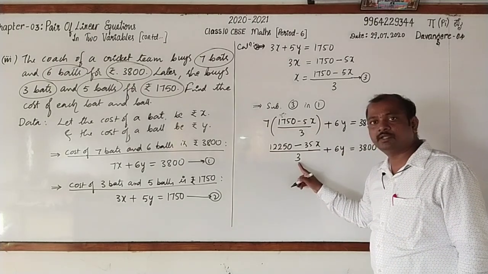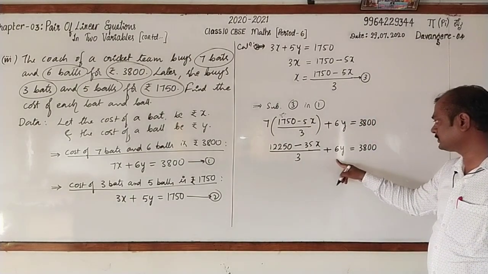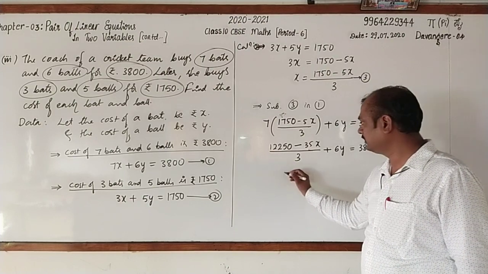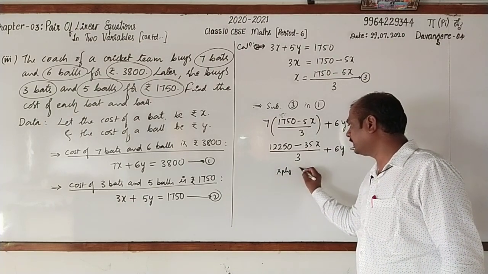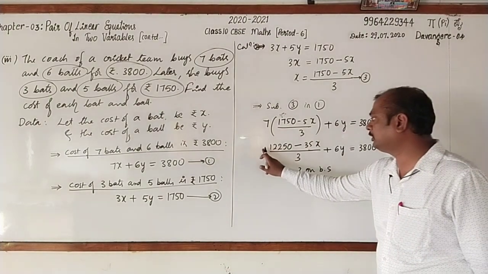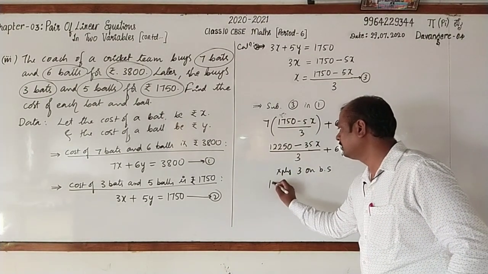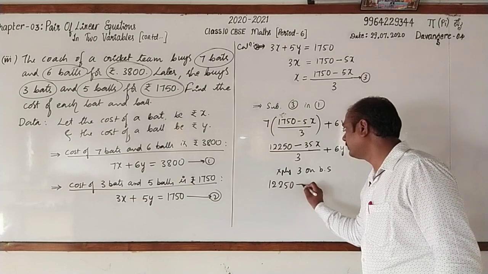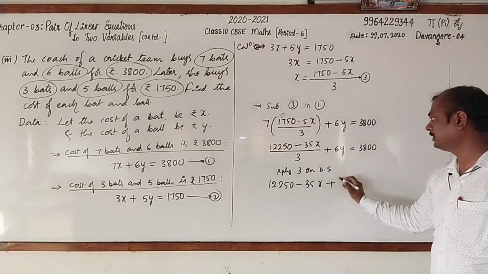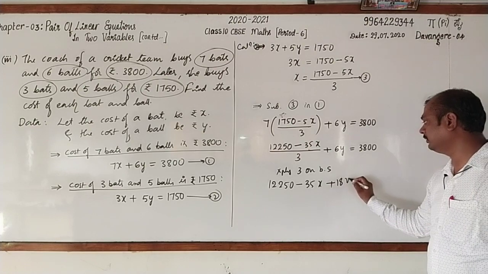In the denominator, 3 is there. Next, here is 1, here is 1. LCM of all the denominators is 3. Therefore, multiply 3 on both the sides. When you multiply 3 here, 3 get cancelled. 12,250 minus 35y. Multiply 3 to the second term: 3 6s are 18y.